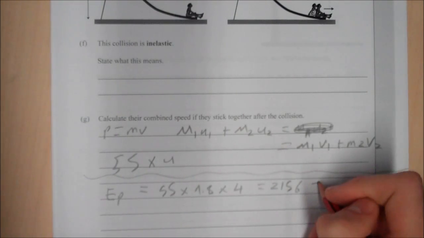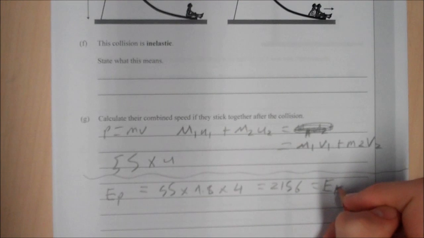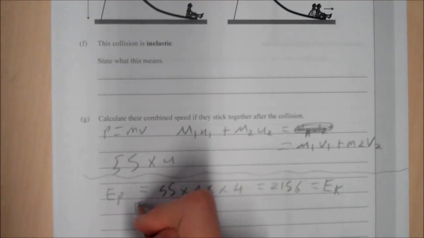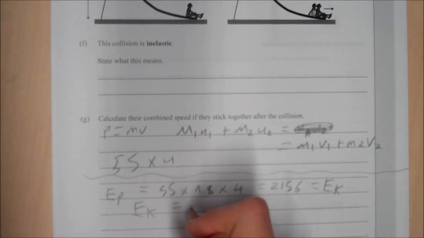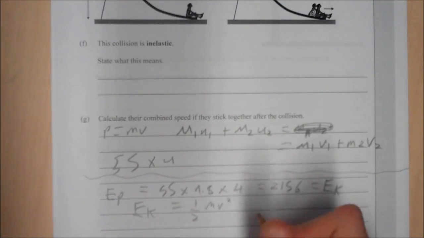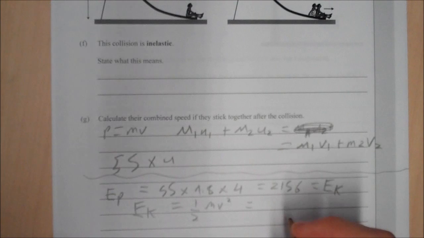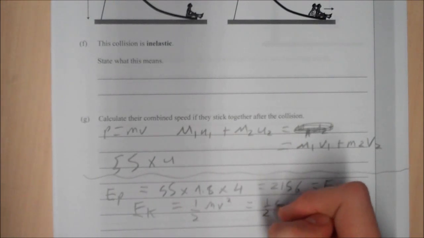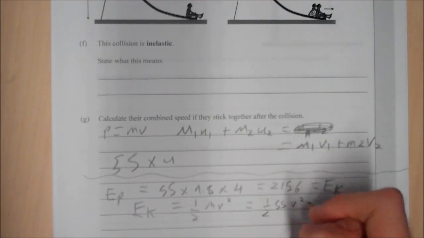And this is also equal to his kinetic energy. So Ek is equal to half of mass times velocity squared, which is equal to half of 55 times velocity squared.